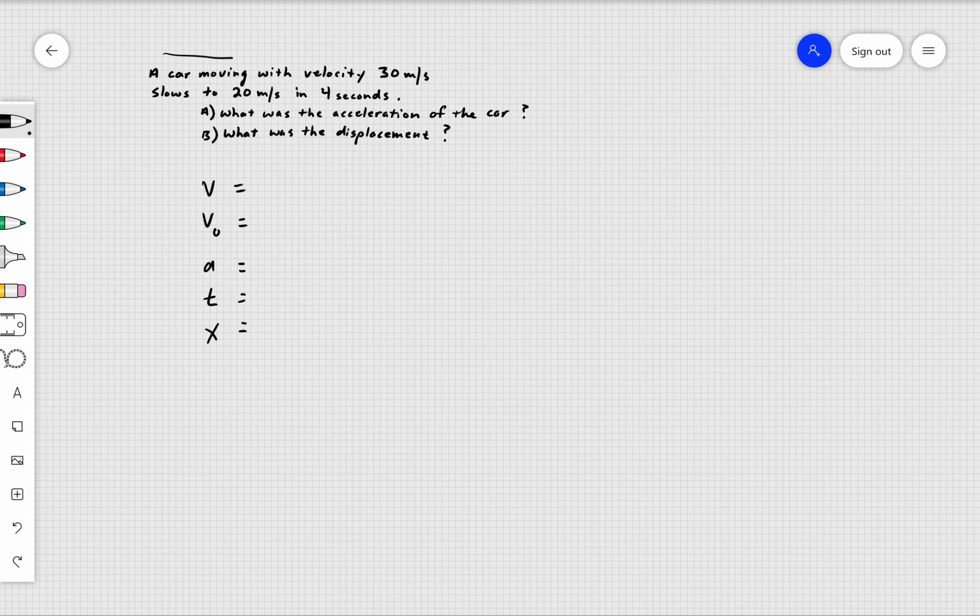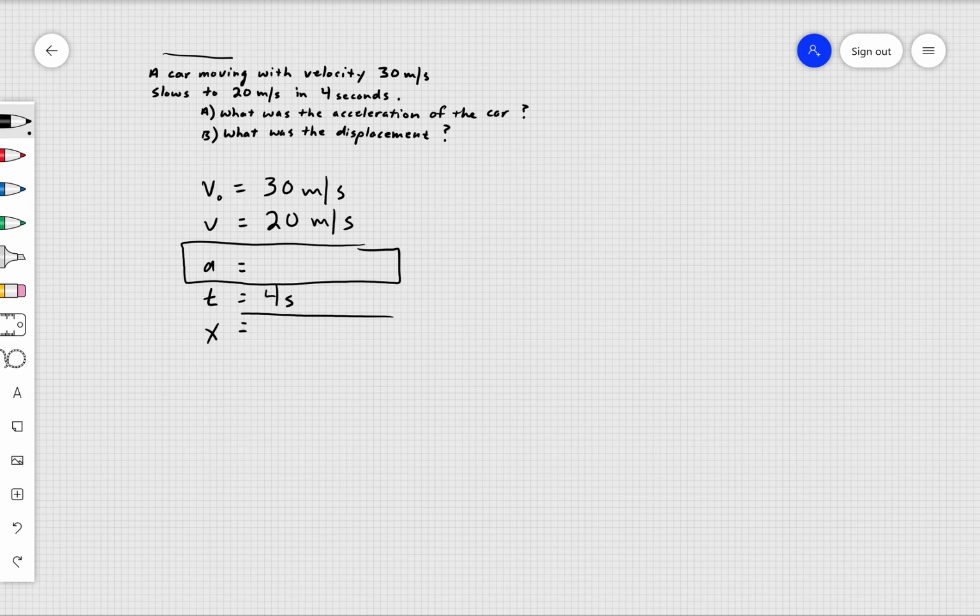So let me make this a little more consistent, like the last problem, V naught and V. The initial velocity, V naught, is 30 meters per second. And at the end of our 4-second period, it's moving with a velocity of 20 meters per second. We are asked to find the acceleration for part A and the displacement for part B.